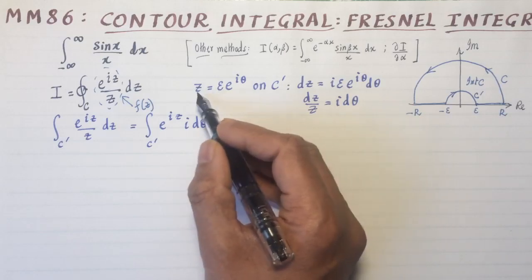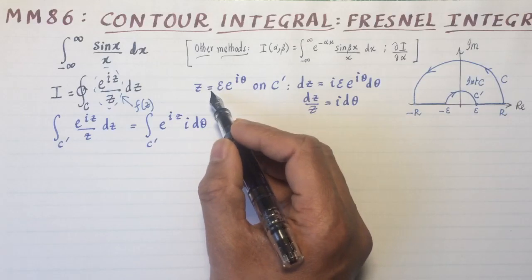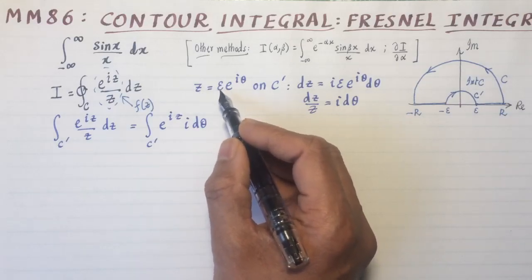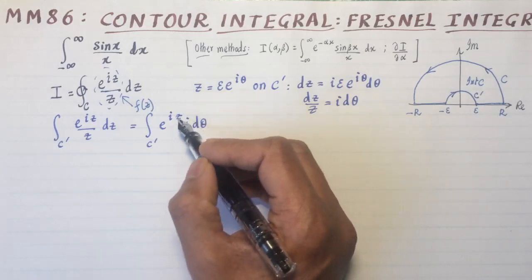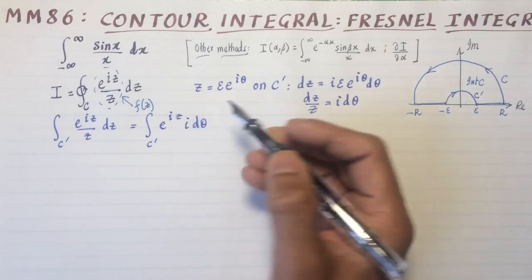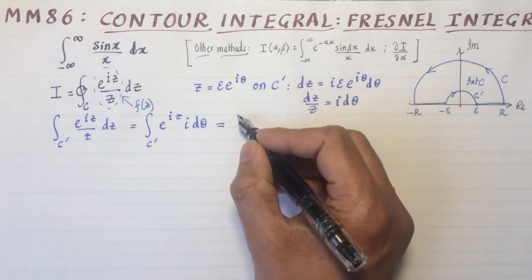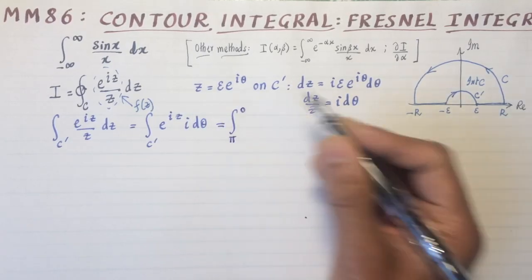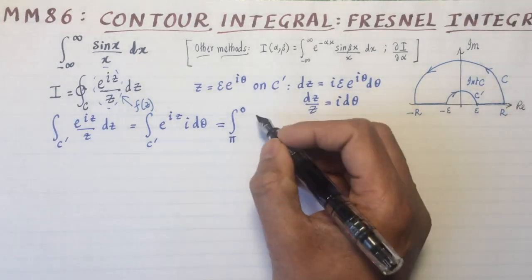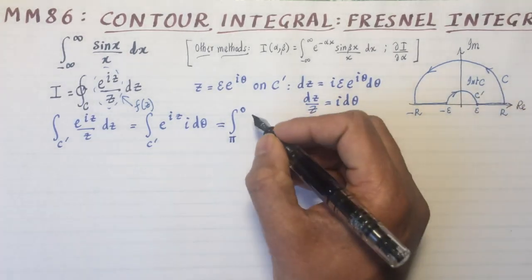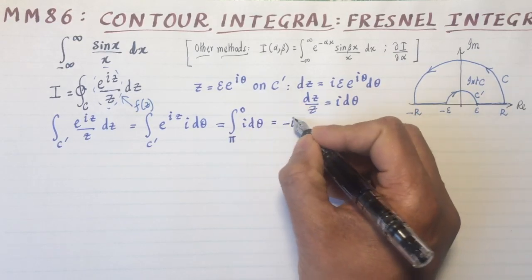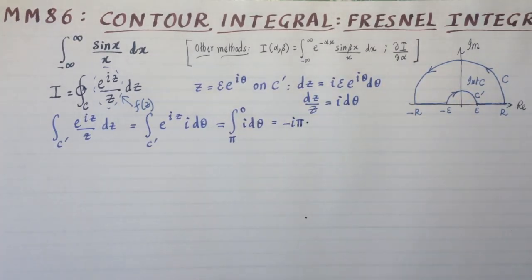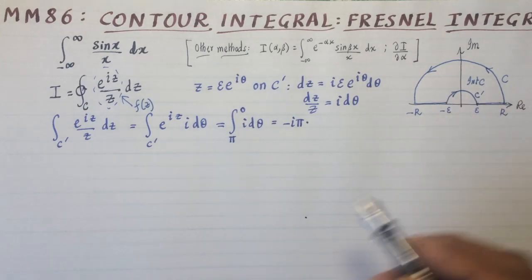Epsilon is the modulus of the complex number. So as z goes to 0, the only way for that to happen is for epsilon to go to 0. That means if z is 0, e to the iz is just 1. So this just gives me the integral from pi to 0, remembering how it goes from pi clockwise to 0. I just get i d theta, and that's equal to negative i pi. So I've already evaluated one small part of the integral.